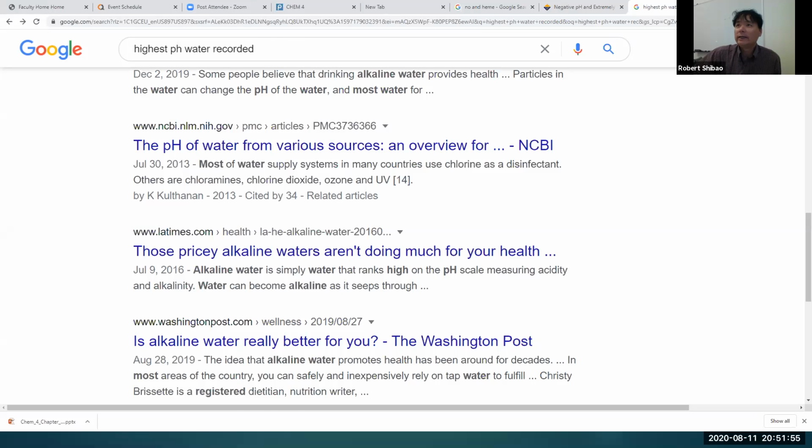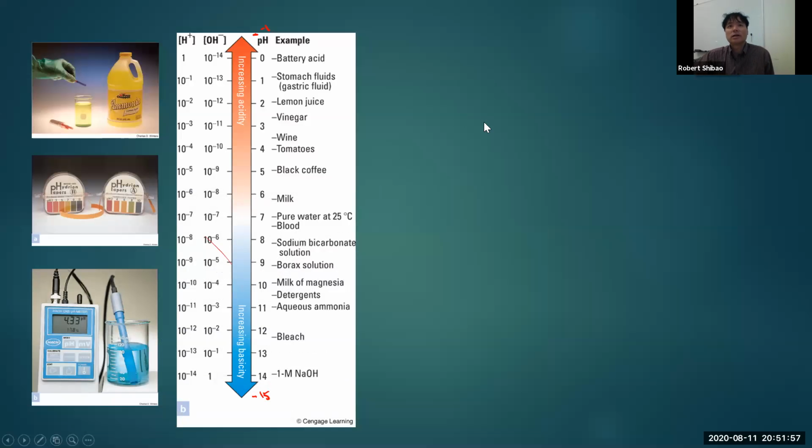So how do we determine pH and how do we calculate it? Well, pH 7 is what we call neutral, pure water. Blood is slightly basic. And so pure water at 25 degrees C has a pH of 7.